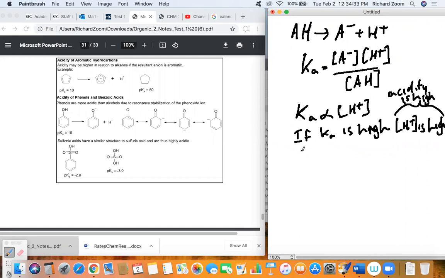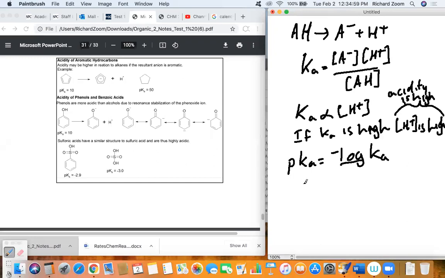Okay. So what that means is we can also then talk about another concept, and that's pKa, which is the negative log of the Ka. But because we're taking a negative log, that situation gets reversed.